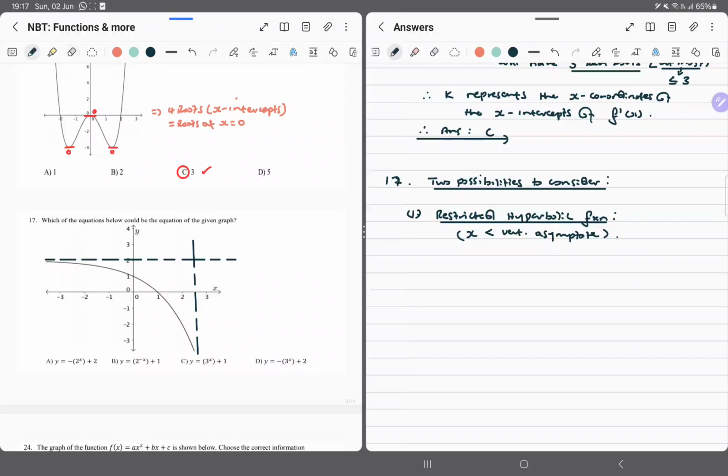Or this could easily be an exponential function. Okay. Here there's no restriction per se. Now such that, look at this. We can see that if this is an exponential function, therefore this becomes the horizontal asymptote. Because in an exponential function, we only have one asymptote.